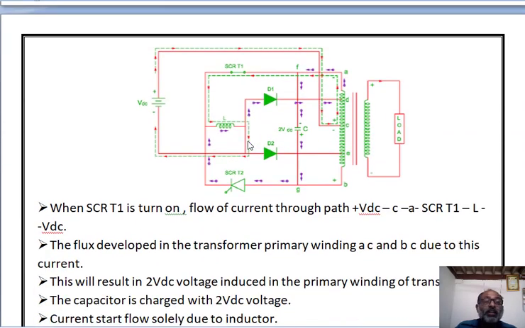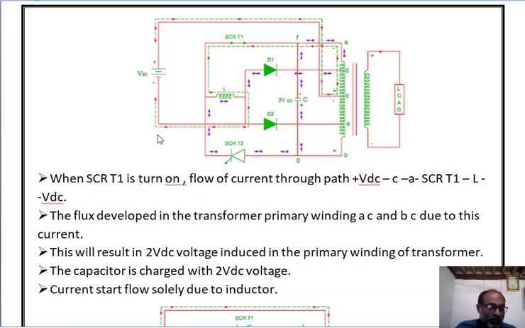Now when the SCR-T1 is turned on, the current flows through the path plus VDC to C to A to SCR-T1, then inductor, then the negative terminal of the battery. That means minus VDC.